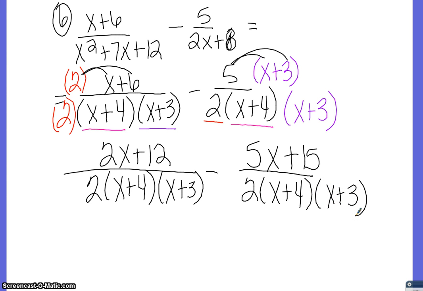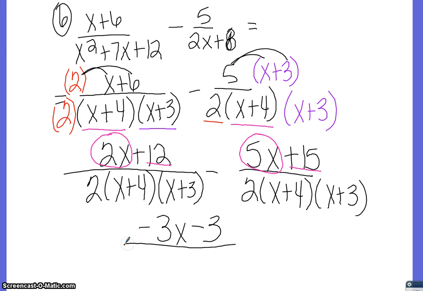Okay, so now we're going to combine like terms. So here, I've got my 2x and my minus 5x. So when I combine, I'm going to have a negative 3x. And then I'm going to combine my positive 12 and my minus 15. So I'm going to have a minus 3. And again, all of that over my denominator.